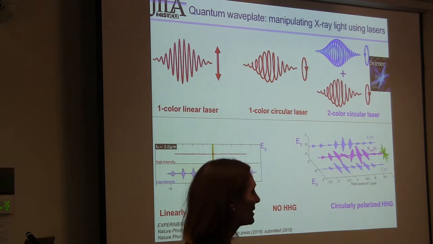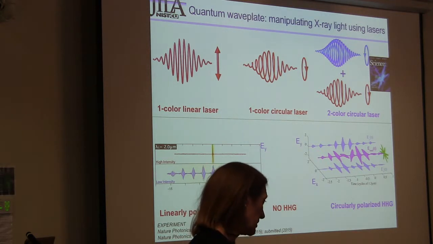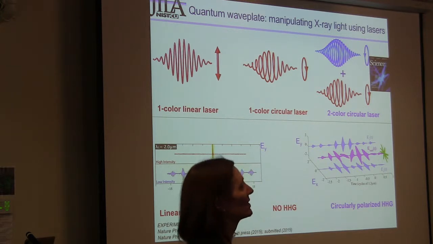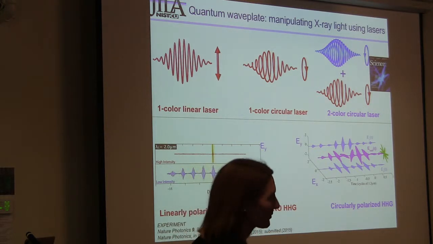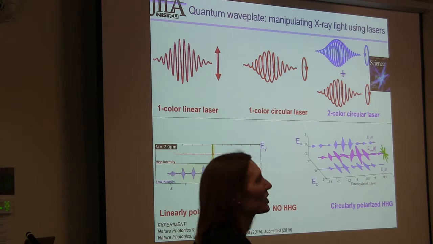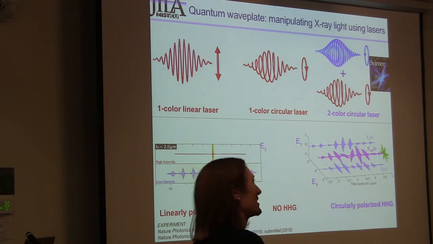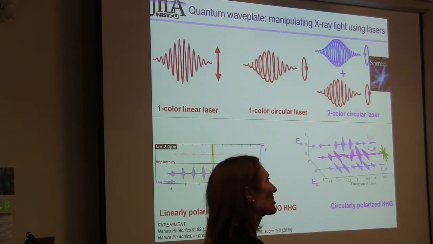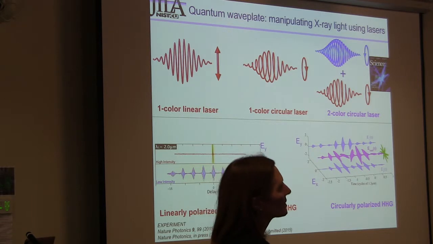Because of the multiply ionized plasma, you do see some filamentation, and if there's some kind of structure around the beam, it enhances that filamentation. This is not super surprising for those of us who've done filamentation either on purpose or by accident. So the geometry matters, but in a different way. You don't need very high pressures because the single atom yield is so high. We use 400 torr, less than an atmosphere.